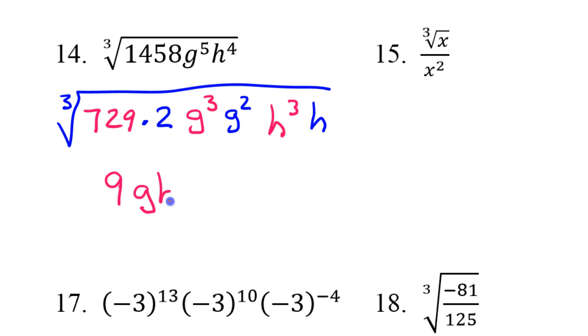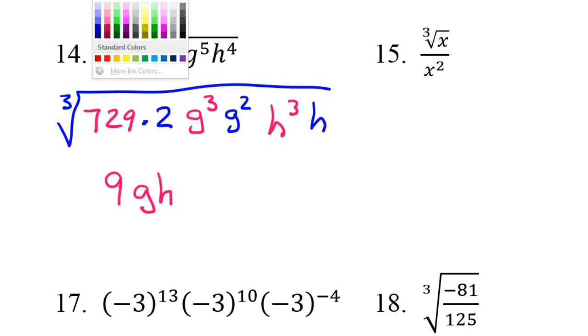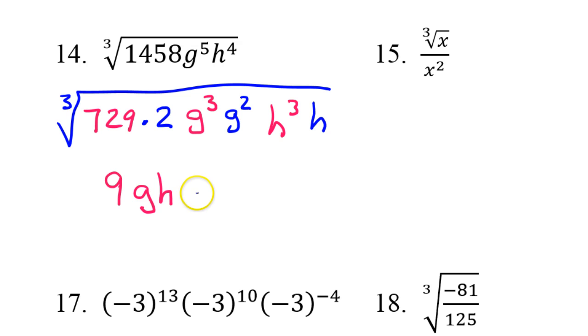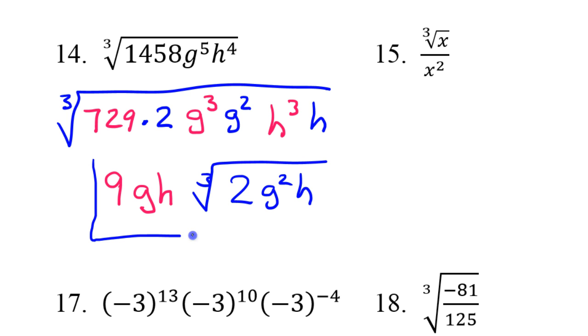And this is just going to be h. So that's it for the pink part. Everything here in blue is just going to stay where it is. So I've got the cube root of 2g squared h. So this will be the answer for number 14.